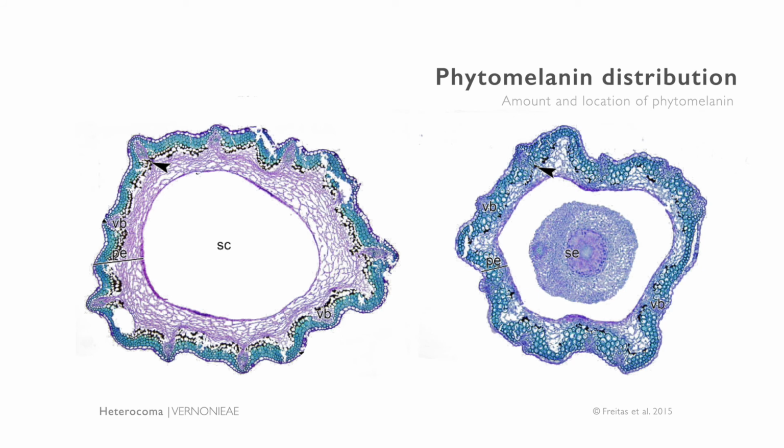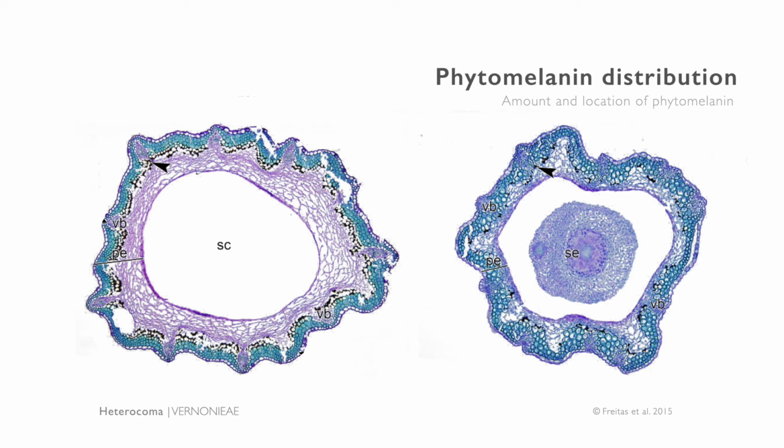Another sort of interesting trait that has been labeled as a microcharacter is the pattern of phytomelanin in the fruits. The phytomelanin is a substance that is very dark, very blackish, and is deposited in the walls of the cypselas in certain groups.